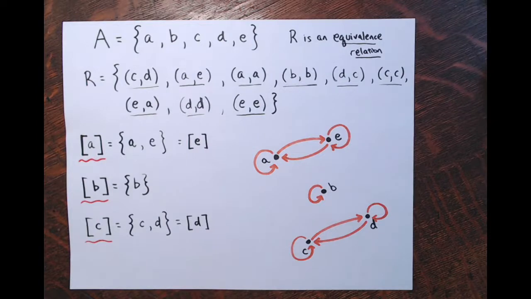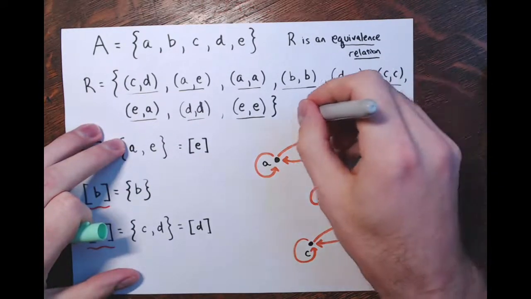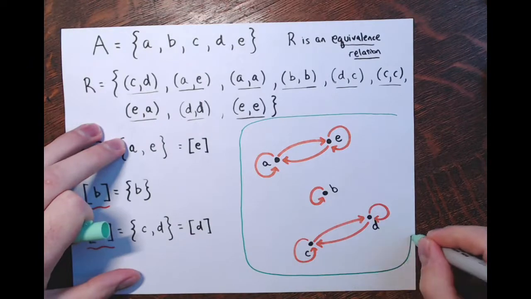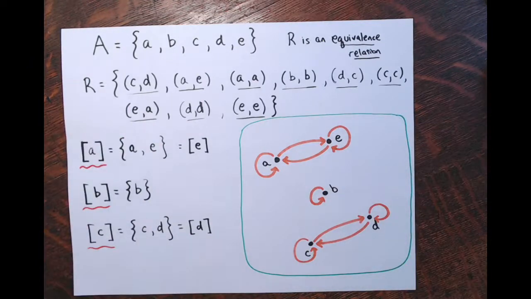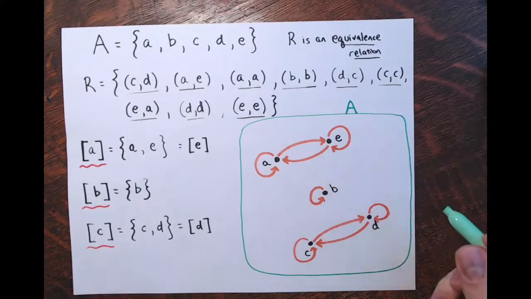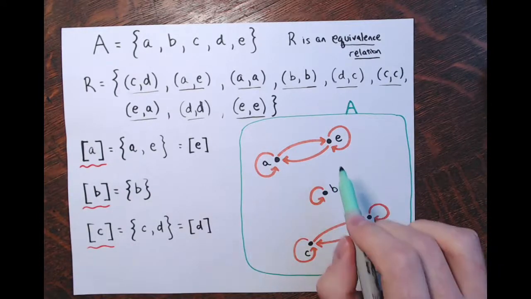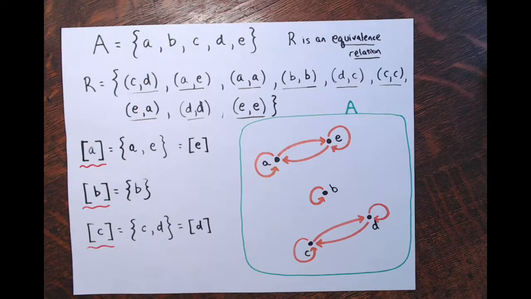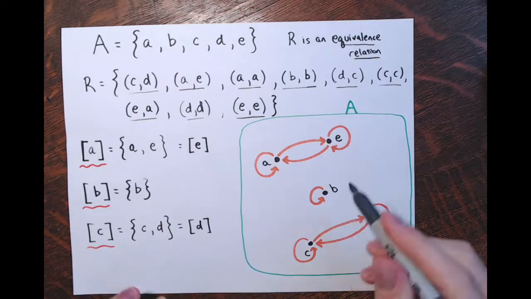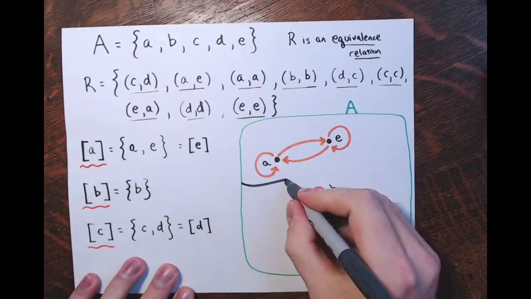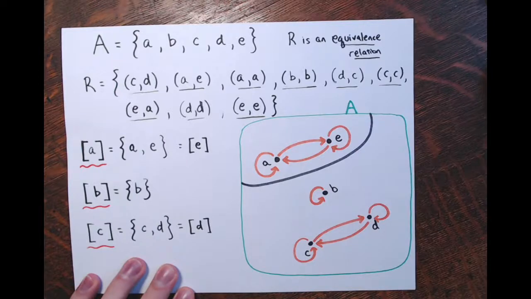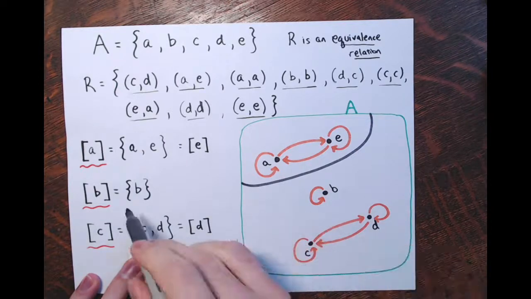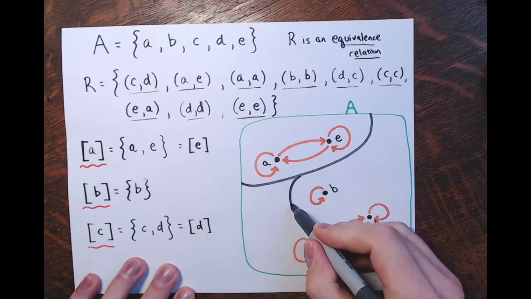And then to make it pretty similar to what they had in the last animation, I'll make kind of a Venn diagram here. If I put a box around all these elements, this is set A, right? It's got all A, B, C, D, and E in it. And do you see how we can partition A to the set with A and E, and then just the set with B?